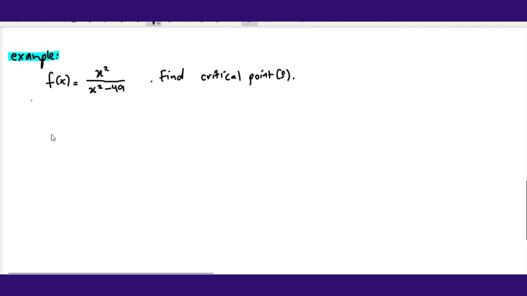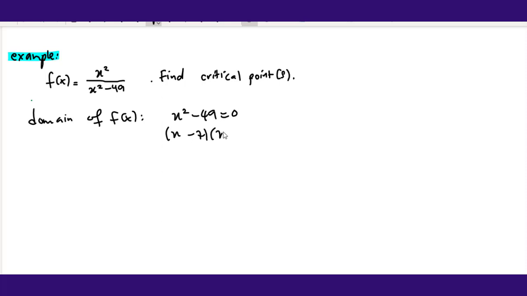Example: given the function f(x) is equal to x squared over x squared minus 49, find the critical points. First thing, find the domain of f. All real numbers except where x squared minus 49 is equal to 0, that is x minus 7 times x plus 7, so x is equal to negative 7 or x is equal to 7.